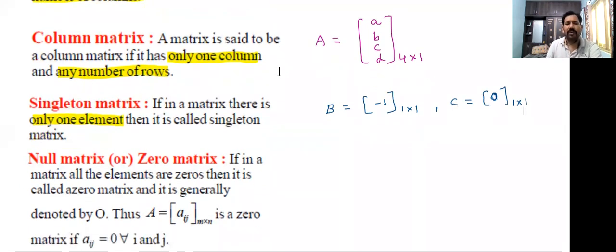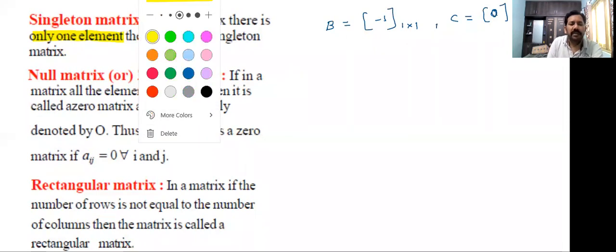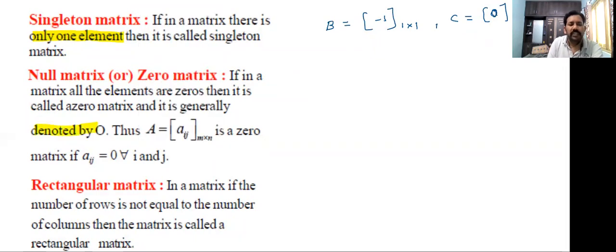Okay, so I'm going to another definition. Null matrix or zero matrix. If in a matrix all the elements are zeros, then it is called a zero matrix or null matrix. It is denoted by O. A equals Aij, m by n, is a zero matrix if Aij equals 0 for all i and j.